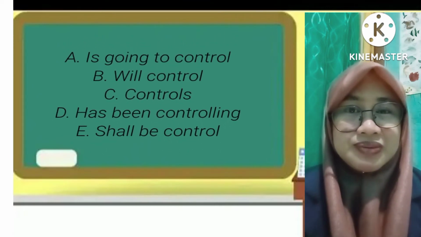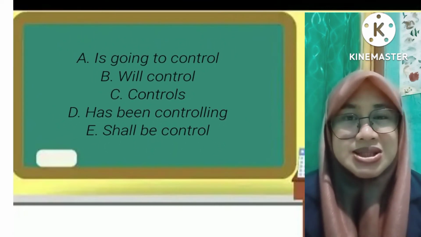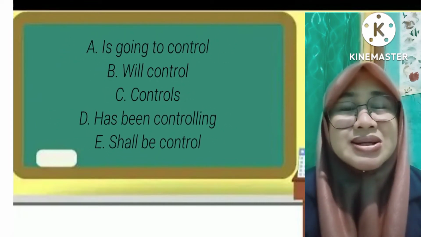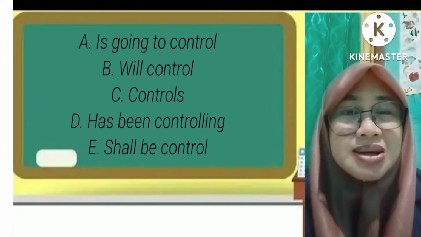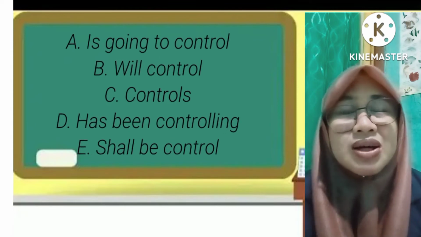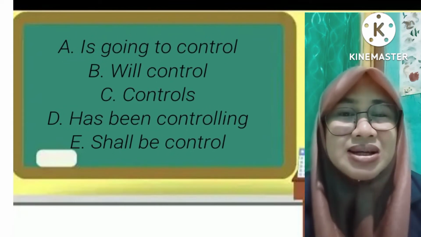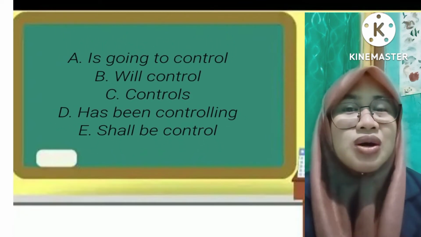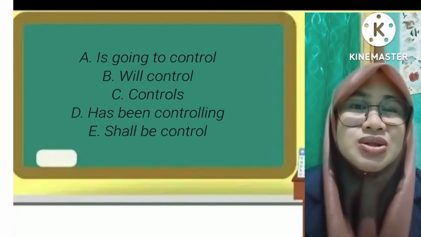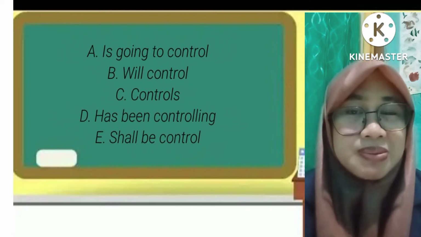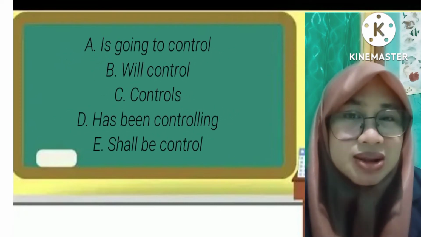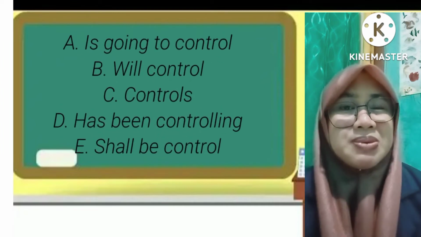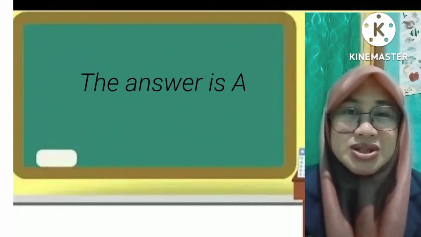This question, a plan reinforced by the use of a clear time signal such as next year, requires the use of be plus going to instead of will, even though they both mean the same, will. To protect people's rights of health next year, our government is going to control the use of antibiotics for sick people. To reduce the risk of people getting hurt, our government will control the use of antibiotics for sick people. So the answer is A.